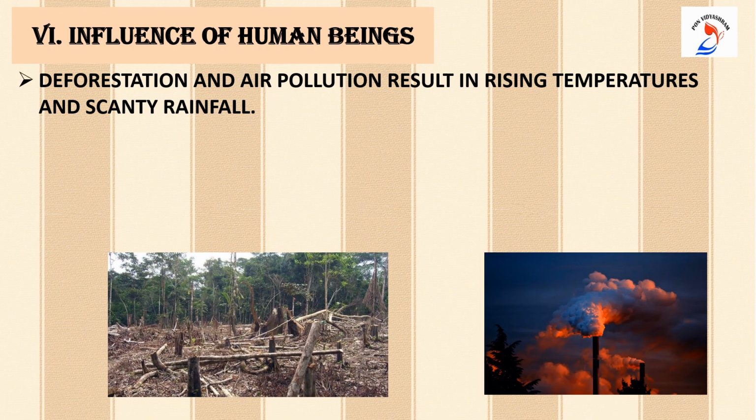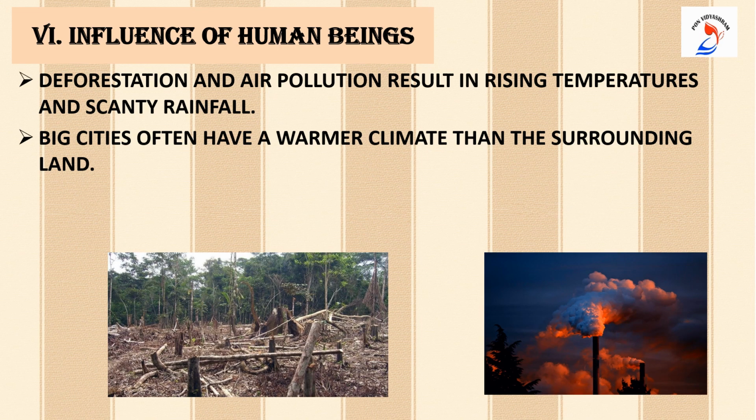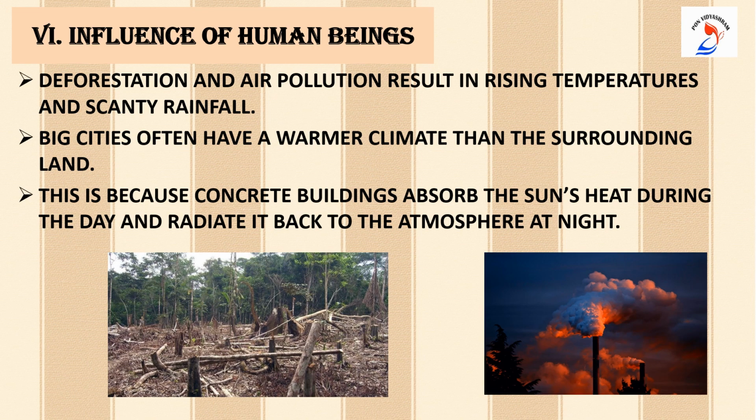So, cutting of trees and the air pollution result in rising temperatures and less rainfall. Big cities often have a warmer climate than the surrounding land. This is because concrete buildings absorb the sun's heat during the day and radiate it back to the atmosphere at night.